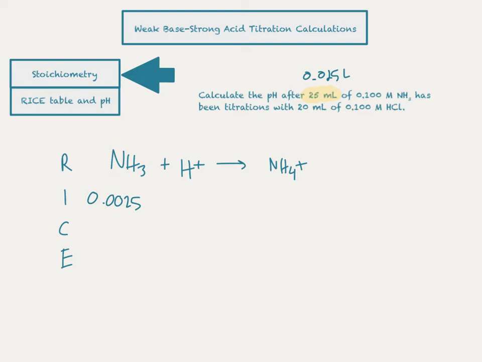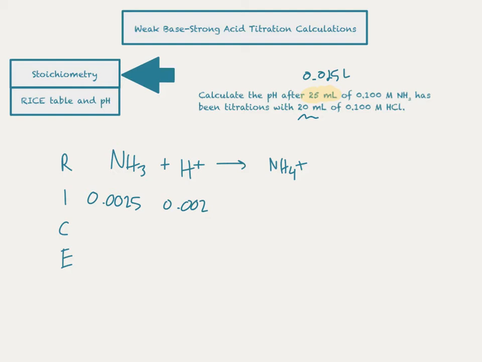Then we'll do the same thing for 20 milliliters of the acid. 0.02 multiplied by 0.1 is 0.002. Then we just have to use our excellent human brains and figure out which one of these is going to be our limiting reactant.